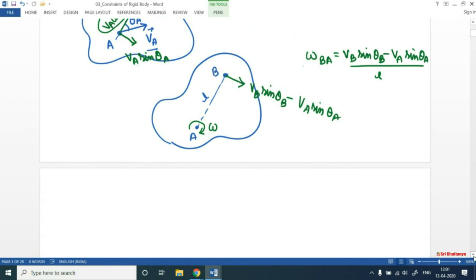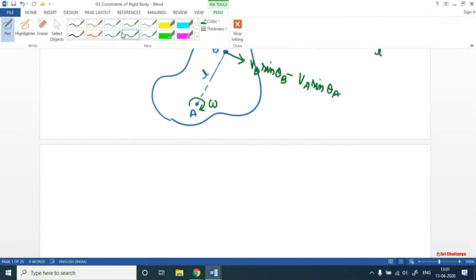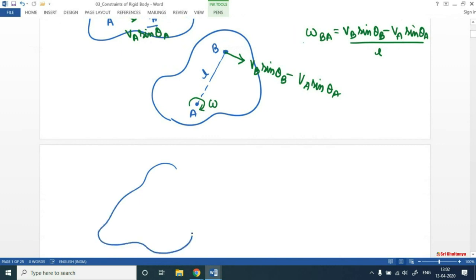Similarly, we can calculate the angular velocity of A with respect to B. Let's say this is point B and this is point A. This angular velocity you can say is in the clockwise sense. If we imagine B to be at rest, the velocity of point A with respect to B is simply going to be in this direction.